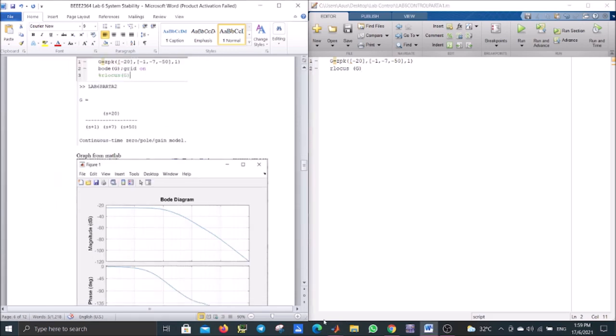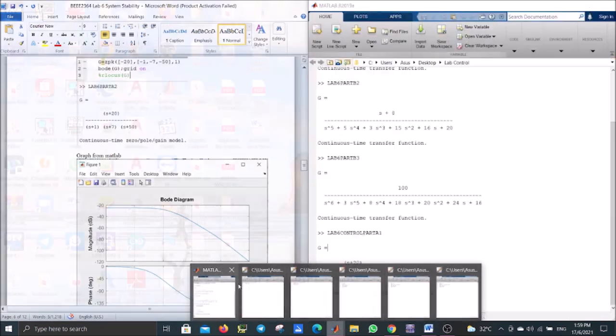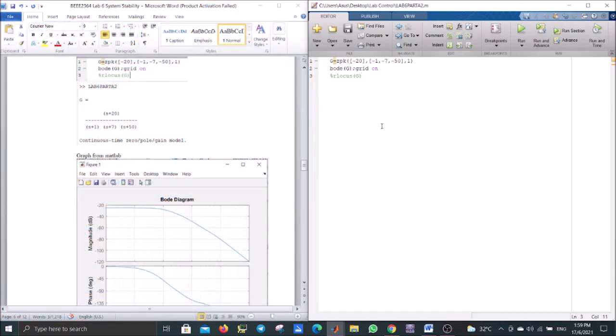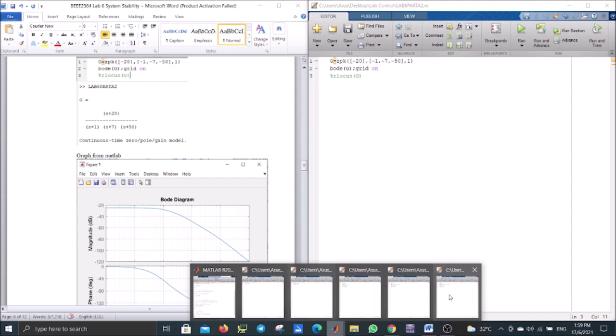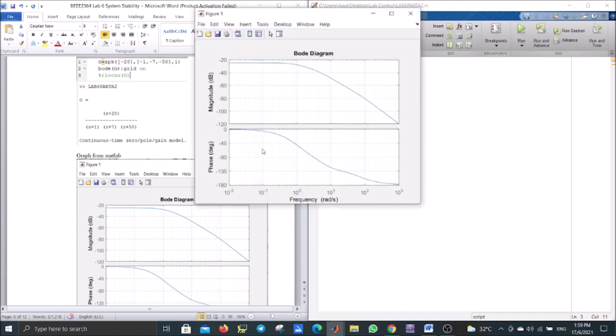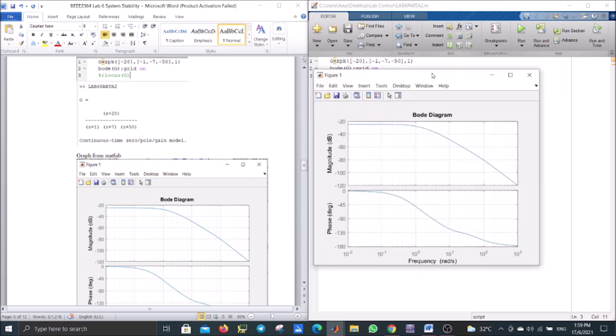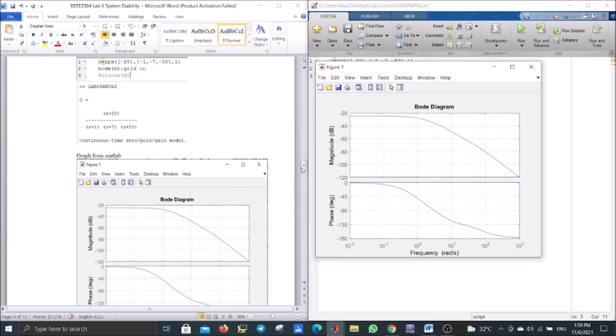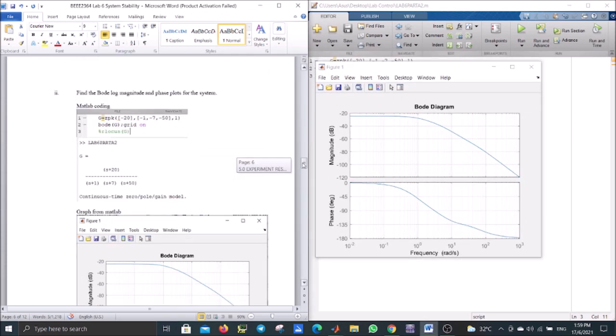So part A2 is over here, and you can see. If you run the code, this is the output that MATLAB gives. So this is the code, and this is the output.